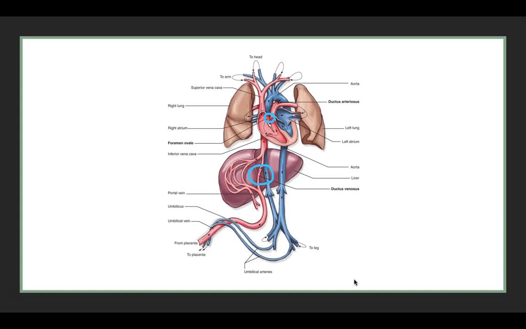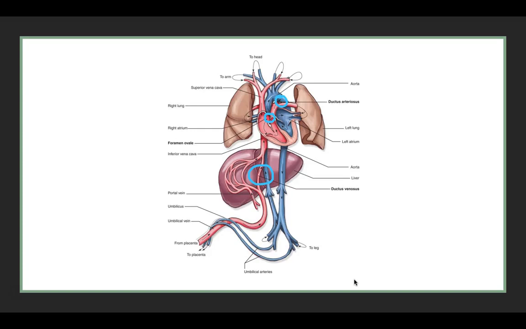Blood coming back from the fetus's body also enters the right atrium, but the fetus is able to send this oxygen-poor blood from the right atrium to the right ventricle, the chamber that normally pumps blood to the lungs. Most of the blood that leaves the right ventricle in the fetus bypasses the lungs through the second of the two extra fetal connections, or the fetal shunts, which is right here, and that is the ductus arteriosus.